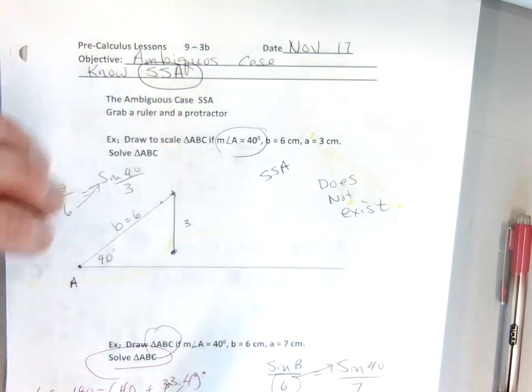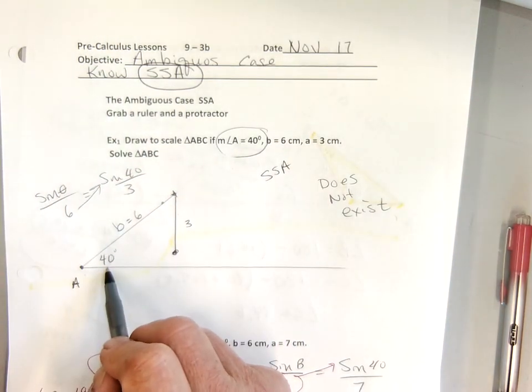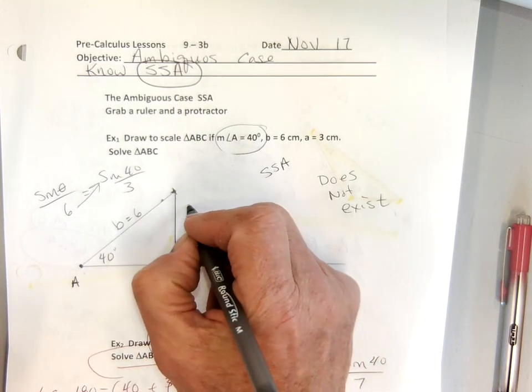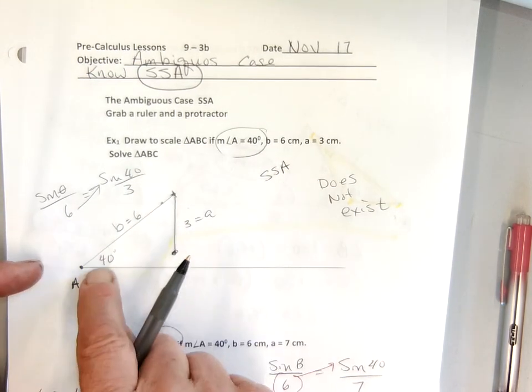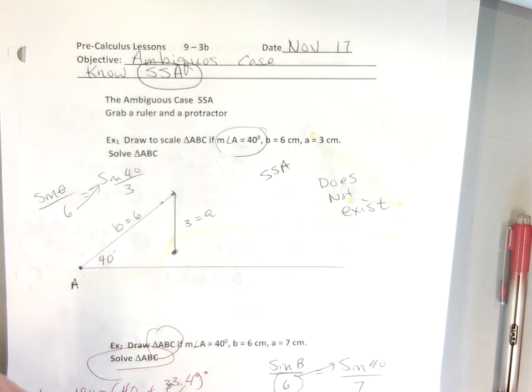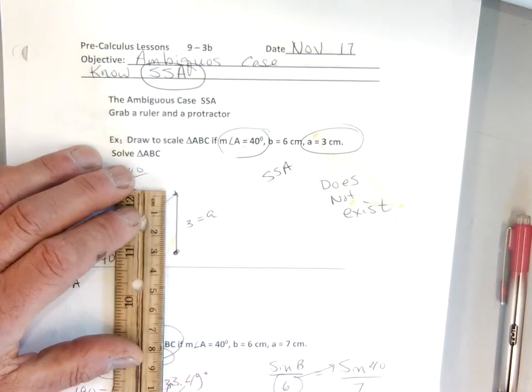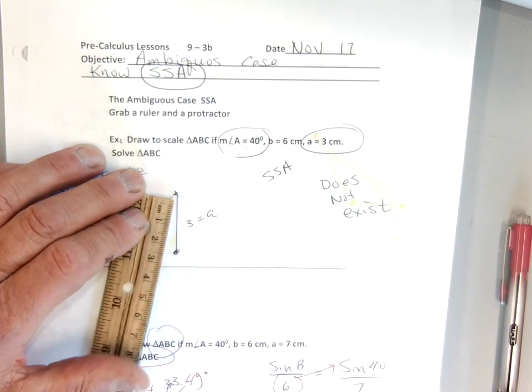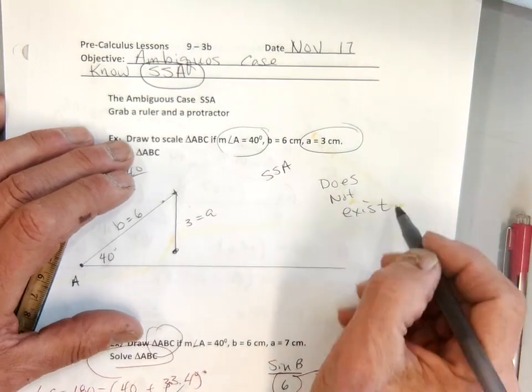If this is angle A, then this has got to be side A, because angle A is opposite side A. But side A is 3 centimeters, so when I try to draw it, it doesn't work. It doesn't touch. That's not a triangle.